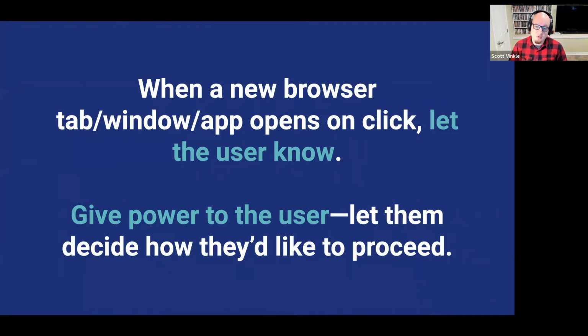Opening a new tab or the device browser on behalf of the user would cause extra work for sighted keyboard-only users, screen reader users, or voice dictation users. If they're unprepared to move away from the current site or app, they need to put in the extra effort to switch back to the previous tab. So the idea is to give power to the user, right? Inform the user of what might happen upon interaction, and in order to allow a decision to be made on how and when they'd like to proceed.